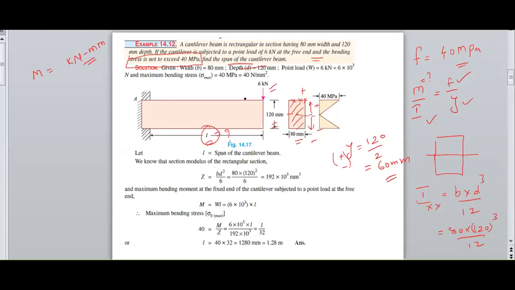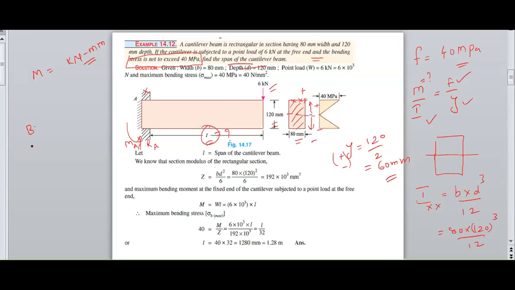Now considering the beam, I need to find out the reactions Ra and Ma. The maximum bending moment for the cantilever beam will occur at the fixed end, before A. It is nothing but 6 into length.